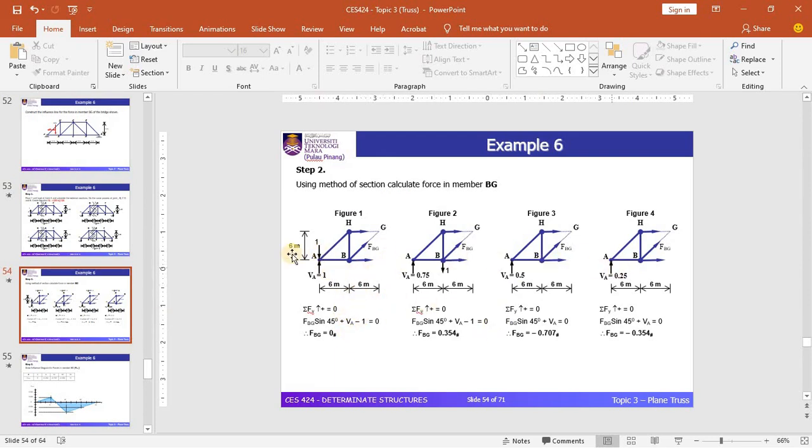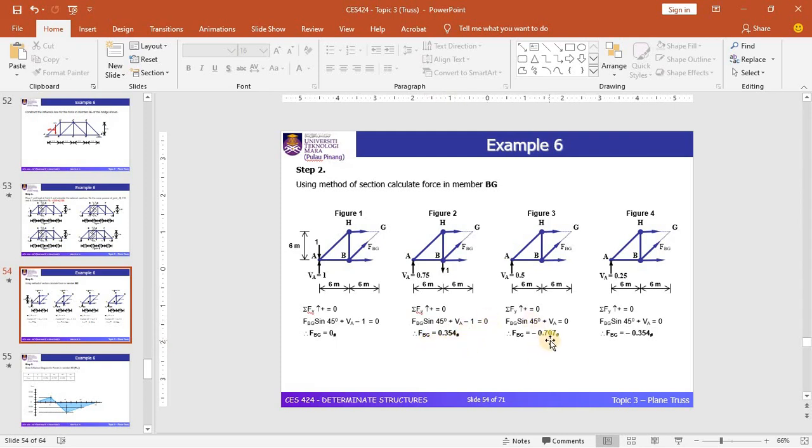For every diagram here, you need to determine the value of FBG. For instance, in figure 1, based on this condition of a 1 unit load and the value of VA, by considering the summation of forces in vertical equal to 0, using the method of sections, you can see that FBG is equal to 0. Moving to figure 2, VA is equal to 0.75 and the 1 unit load is placed at joint B, and the value of FBG is equal to 0.354.